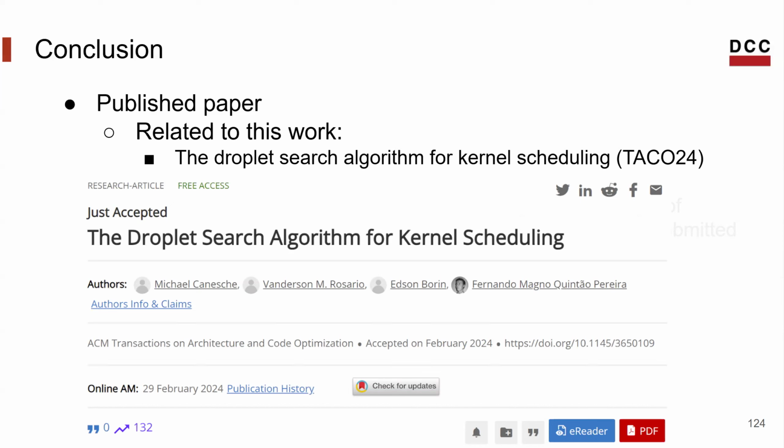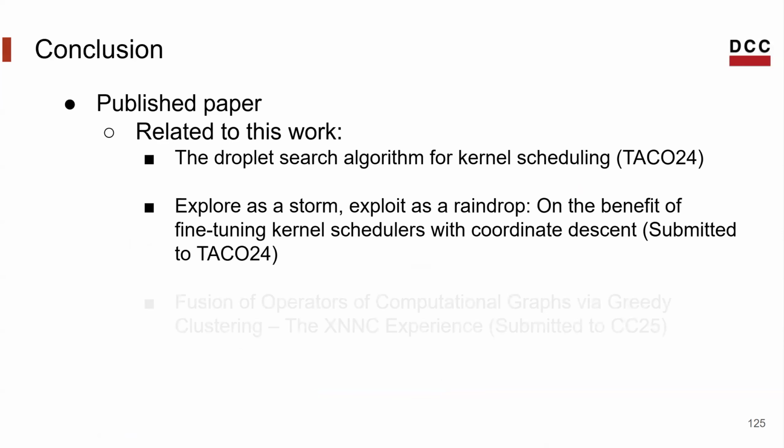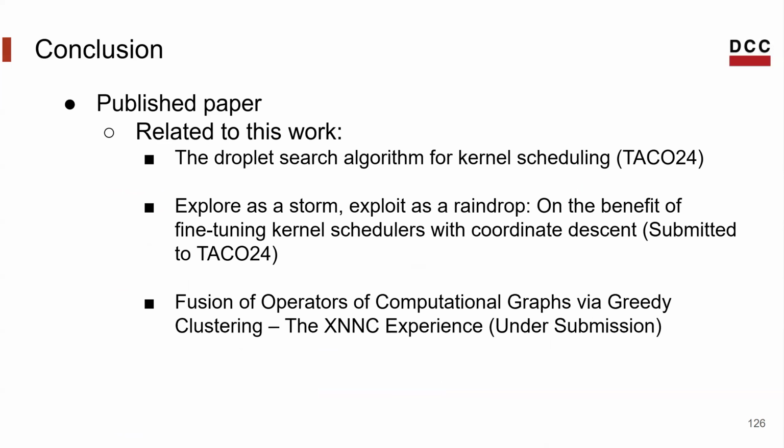It introduced the Droplet Search, which was published in the TACO Journal. The second paper shows a methodology to combine exploration via Droplet Search. We have submitted it to TACO this year. The last paper applies the concept of convergence algorithm to operator fusion in neural networks. Recently, we submitted it to a conference.